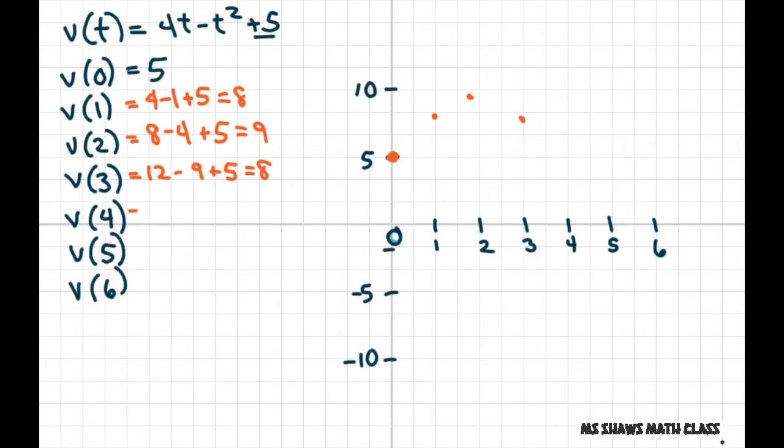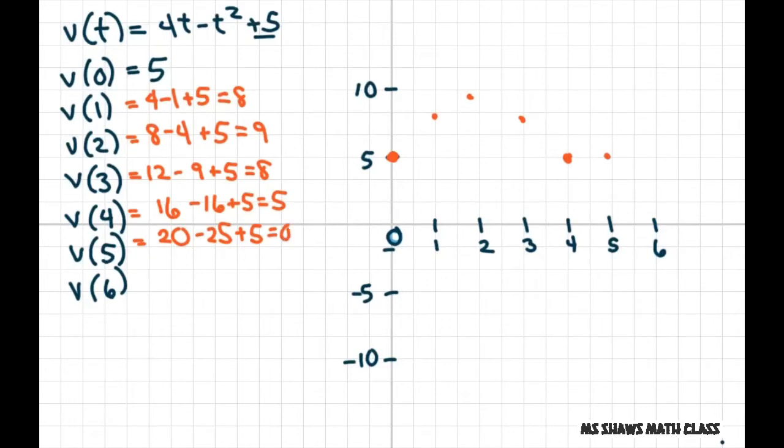v(4) is going to be 16 minus 16 plus 5, which equals 5. So we're back down to 5. And 5 goes here. For v(5), we get 20 minus 25 plus 5.